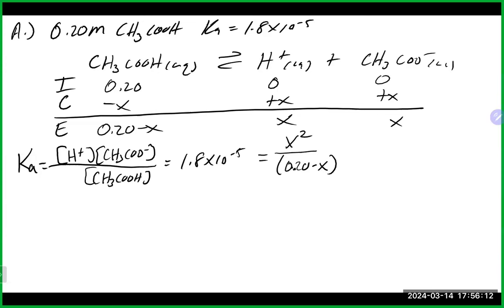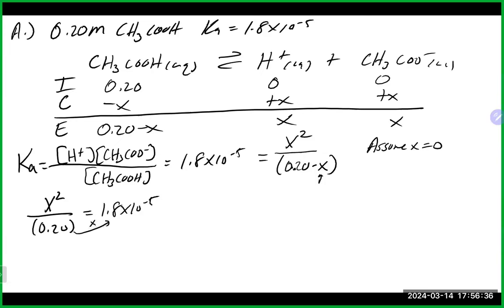This is a small value of K, so why not try the assumption here? So I'm going to assume that x is approximately equal to 0. Once again, it's pretty much just that x there that we're going to get rid of. That will leave us x squared divided by 0.2 equals 1.8 times 10 to the minus 5.